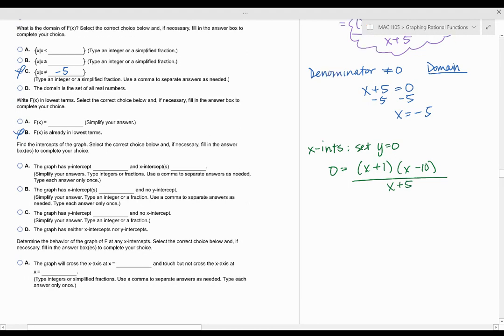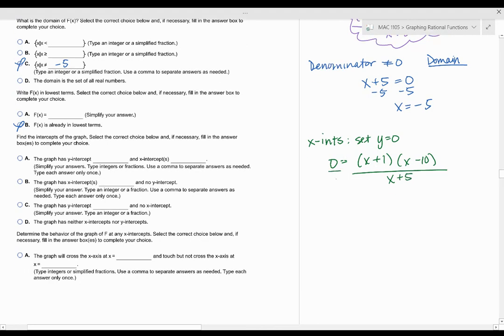And I'm going to solve. So I can put 0 over 1 and cross multiply. So I have 0 times x plus 5, which is 0, and 1 times the numerator, which is going to give me x plus 1, x minus 10. All right, since they're already factored, I'm going to set each of those factors equal to 0 and solve.